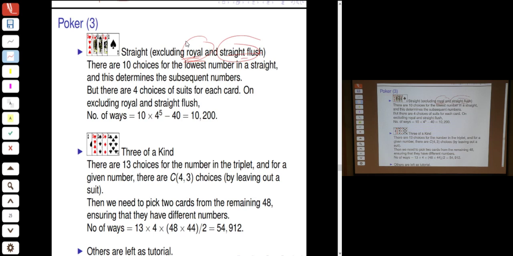Okay? So if you just look at the numbers, the lowest number determines everything else. So we count the number of straight hands in the following way. We first choose the numbers.